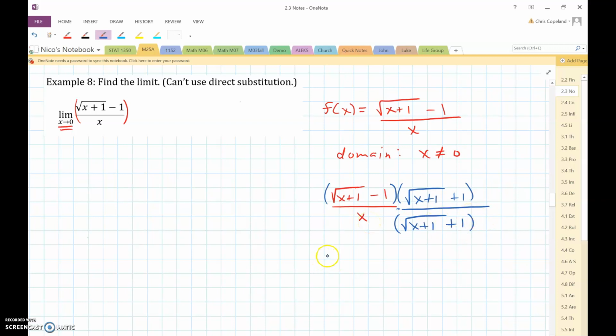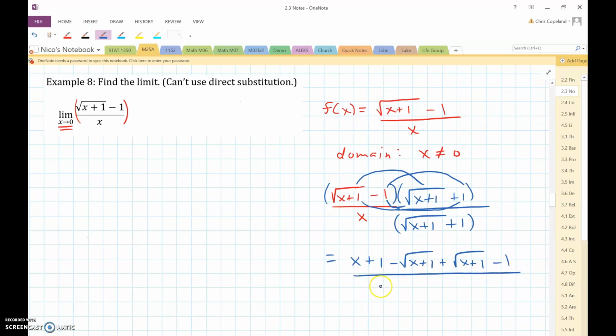So the numerator, we multiply those together, you're going to get x plus 1. When you multiply these together, you're going to get negative the square root of x plus 1. And when you multiply those together, you're going to get positive square root of x plus 1. And when you multiply these together, you're going to get negative 1.